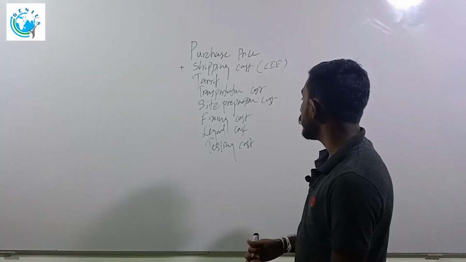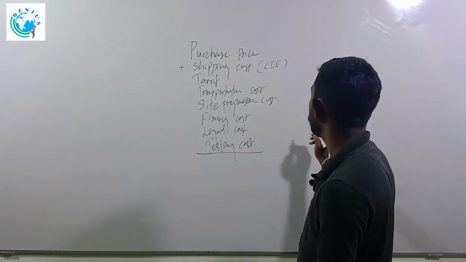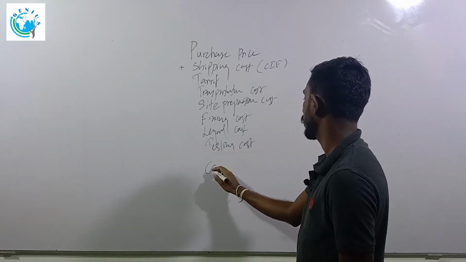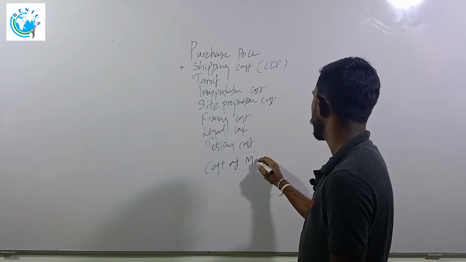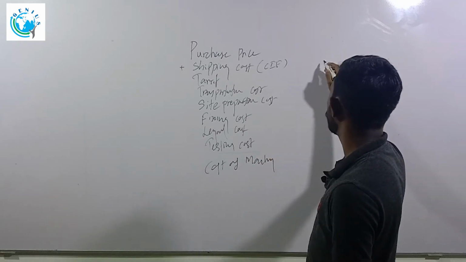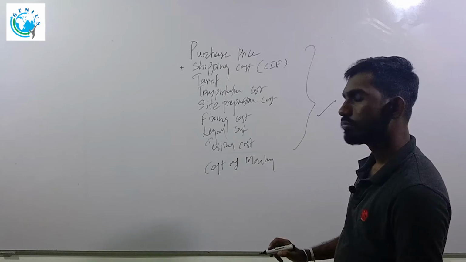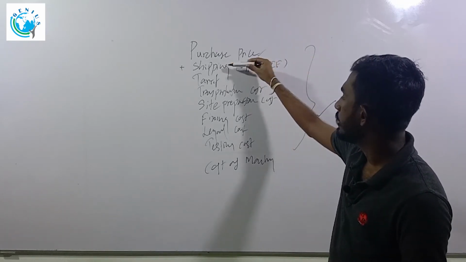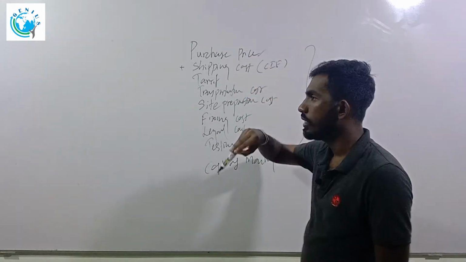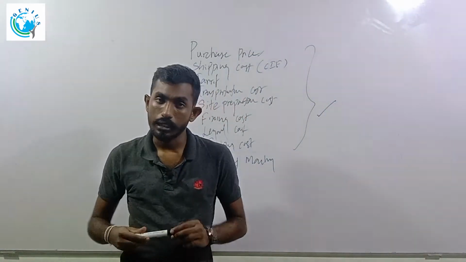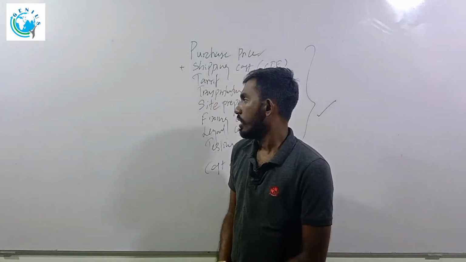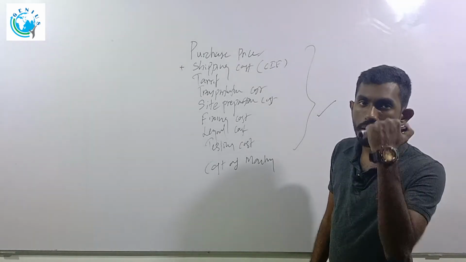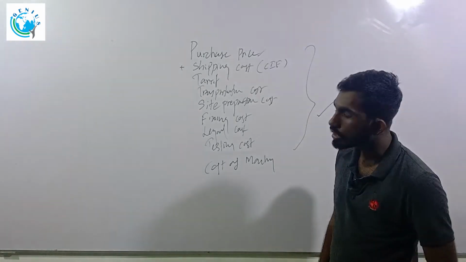So the cost of a machinery item includes all of them, not just the purchase price, but the addition of all the other cost items that take the relevant PPE item into usable condition, right? So you have to be very careful about the breakdown of the cost, right?